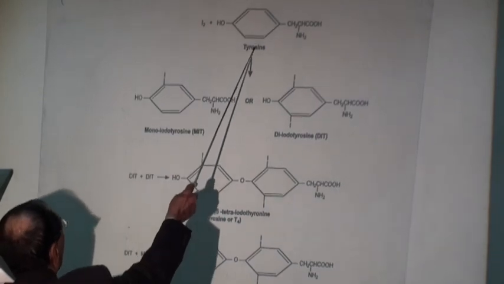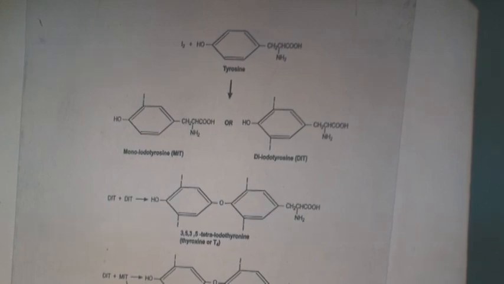First, the binding of an inorganic substance, iodine, with an organic substance, tyrosine, this amino acid. The thyroid gland binds iodine with the tyrosine and produces an element called monoiodotyrosine.